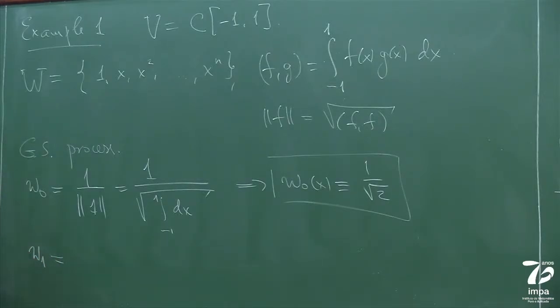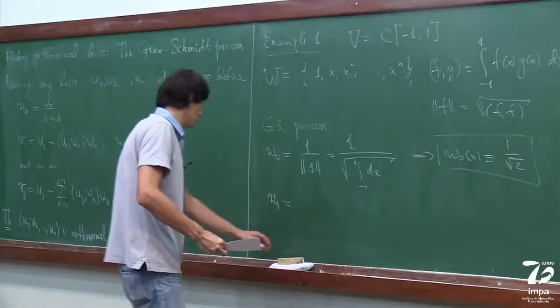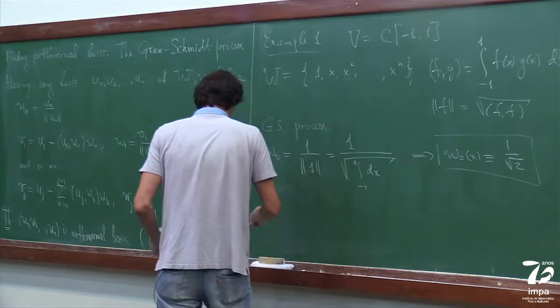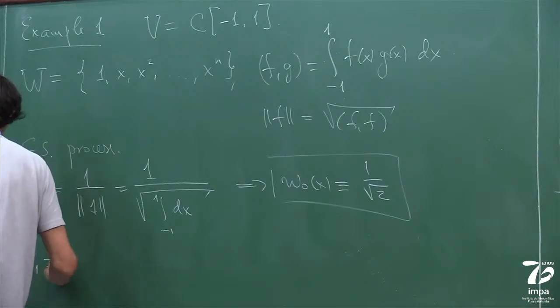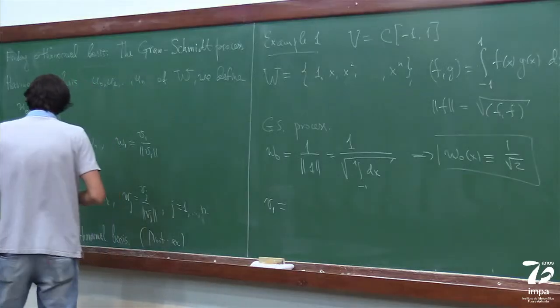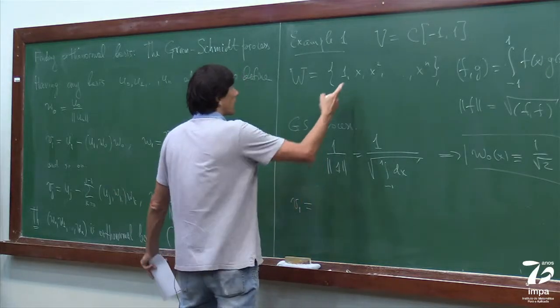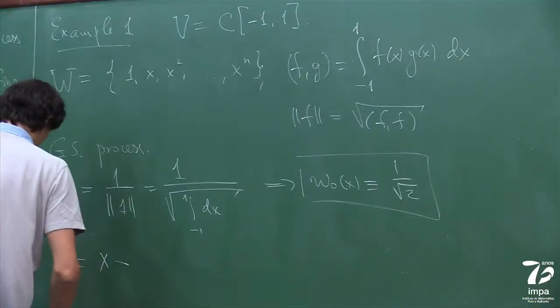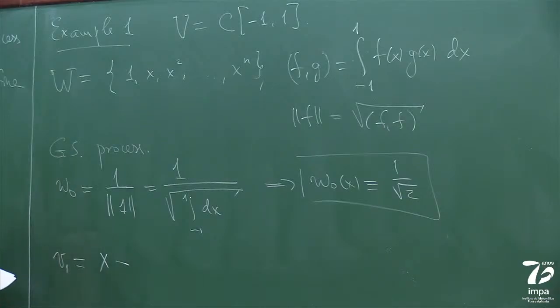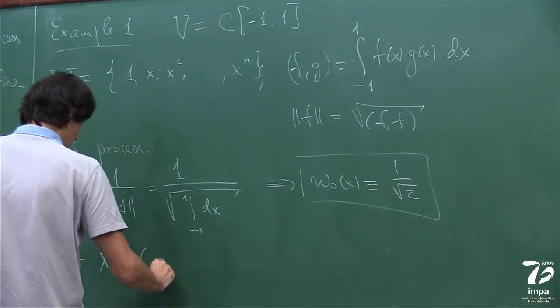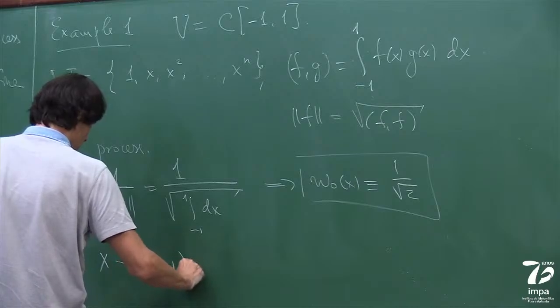For the next, we first have to find V1. V1 will be x minus (x, W0) W0.